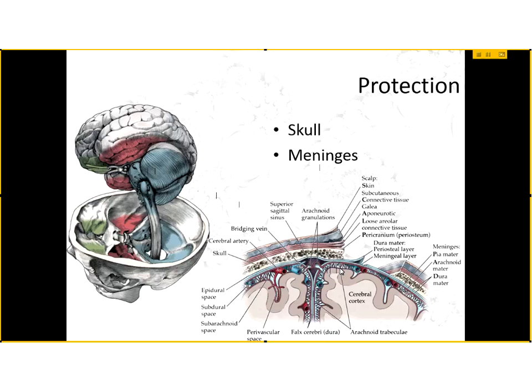So you have the outermost layer, the dura mater, very tough connective tissue. Below that is a fluid-filled cavity with a lot of small connective tissue. The arachnoid, you might think of as being kind of like a spider web, and that's why they refer to this as the arachnoid mater. And then below that is the pia mater, the layer of meninges that is connected to the surface of the cortex.